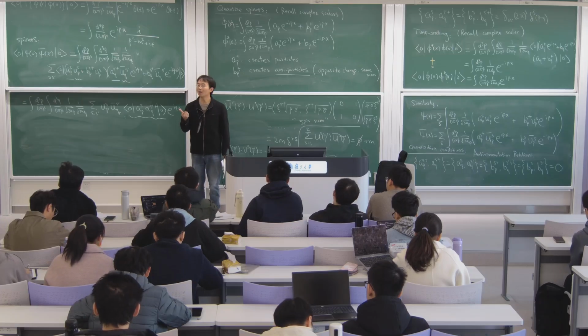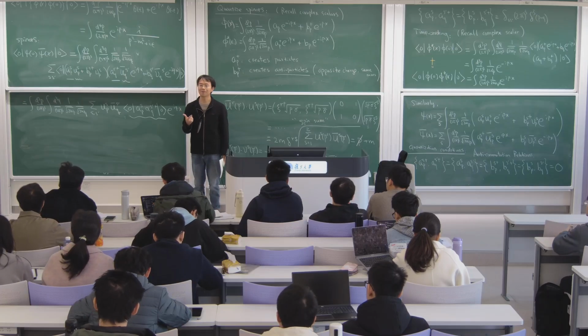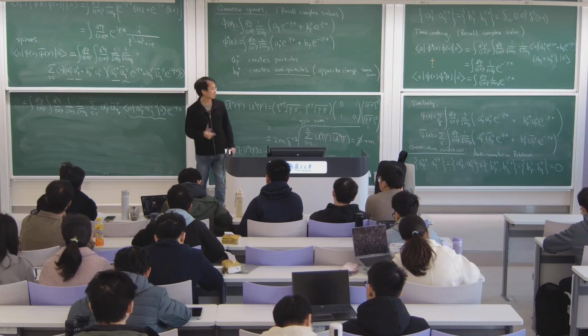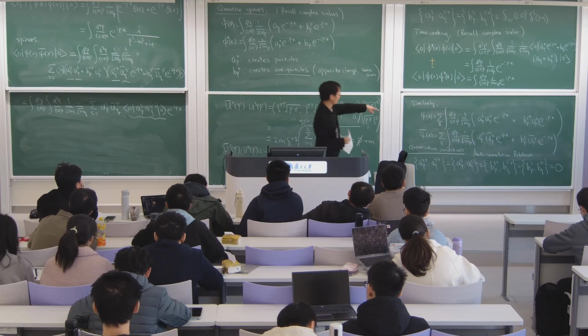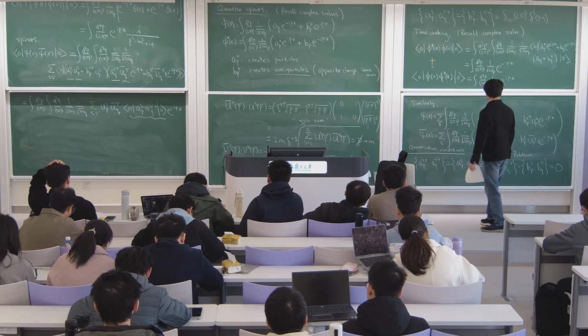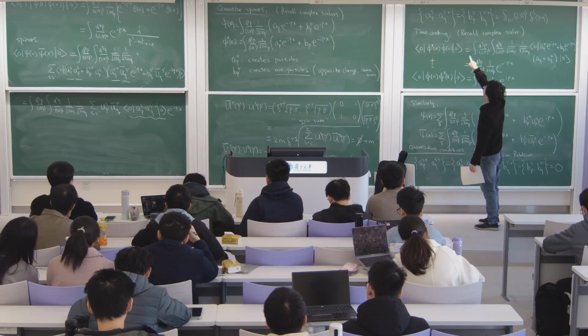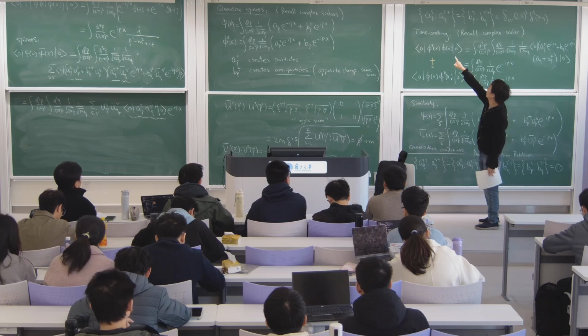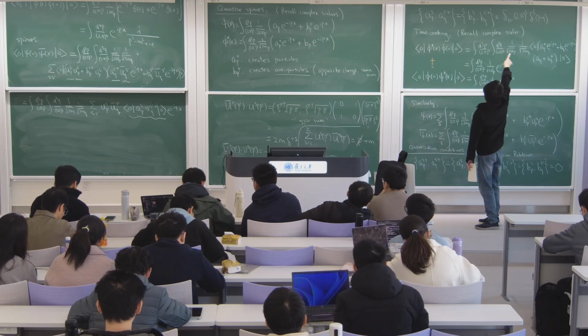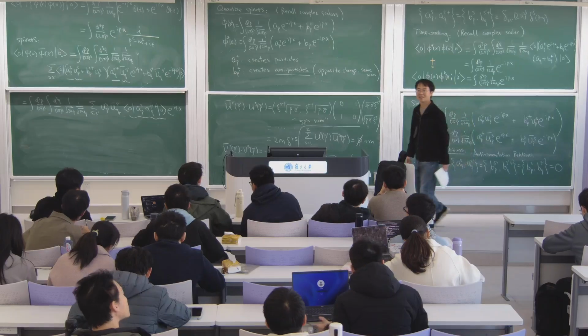Then you form an anti-commutator. You use that anti-commutation relation here, the first one: a anti-commutes with a dagger. You get a Dirac delta function.